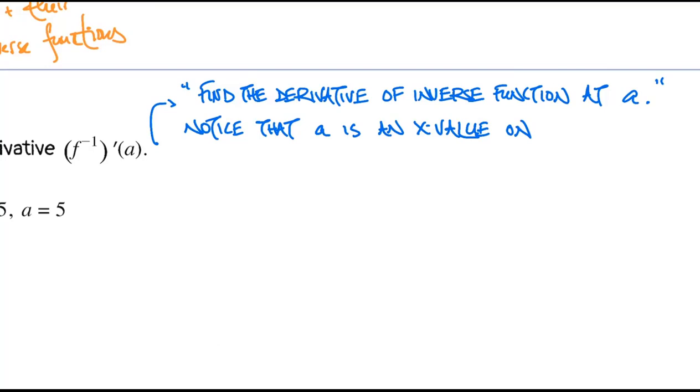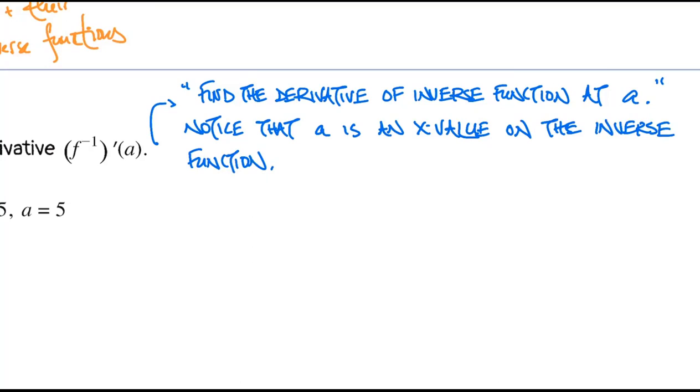How do we know that? If we look at this, f with the -1 means inverse function, and then they give us an x value. So it turns out that a is an x value on the inverse function. That's a really important point to take notice of.